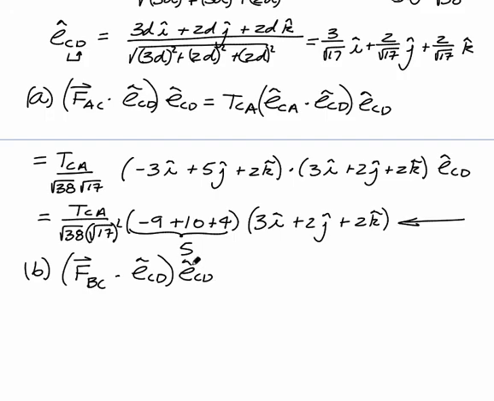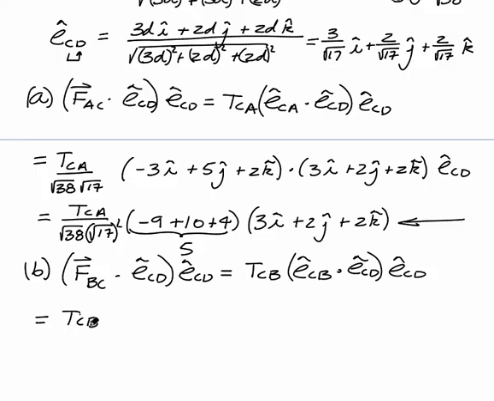So that's going to be the tension force of CB times eCB, dotted with eCD. And to make that a vector, we follow that up with a multiplication by eCD. So that's going to be tension CB.